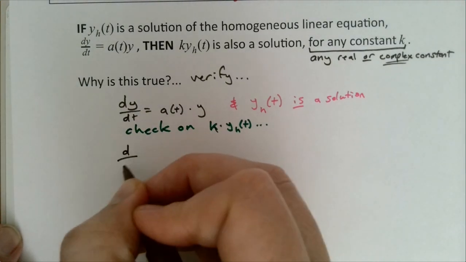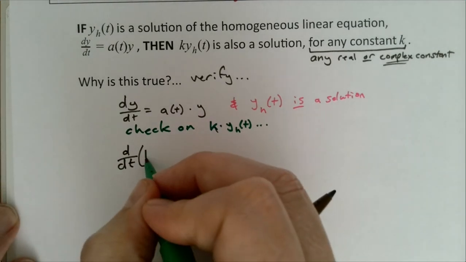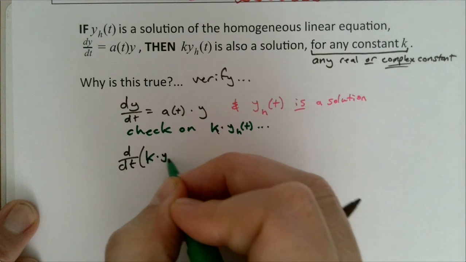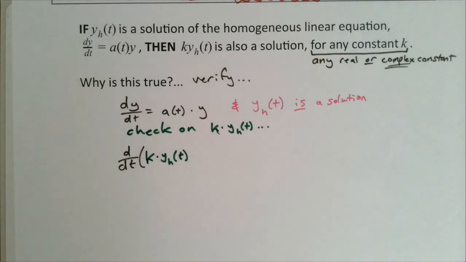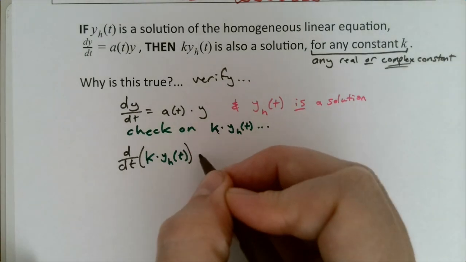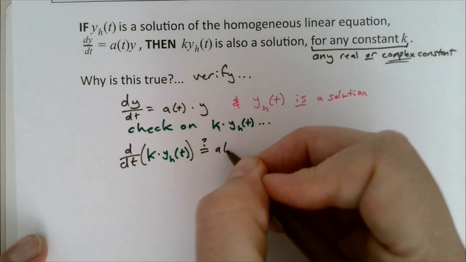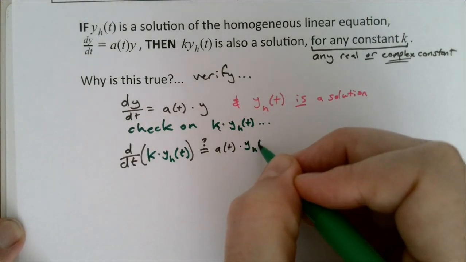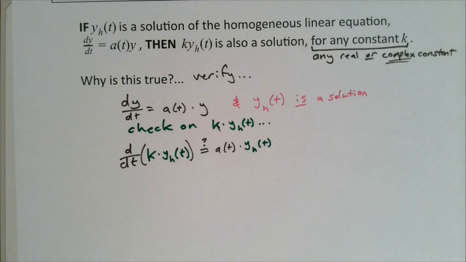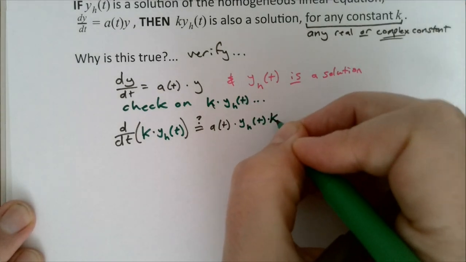I'm going to take the derivative with respect to t of k times y sub h of t, and ask, is that still equal to the function a of t, whatever that happens to be, times y sub h of t? Oh sorry, I forgot my k. I'm sticking it times k.